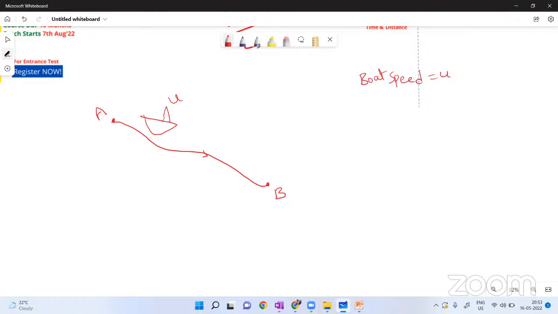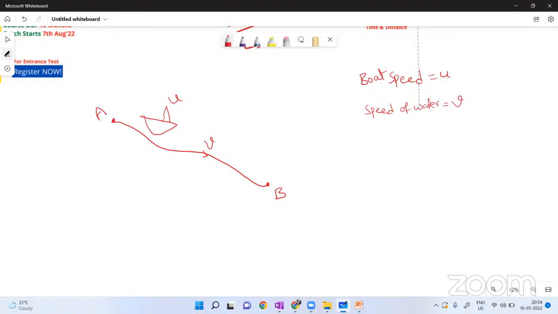It may be kilometer per hour or meter per second, that is a secondary thing. It is u. And the speed of water or speed of current, both are the same.